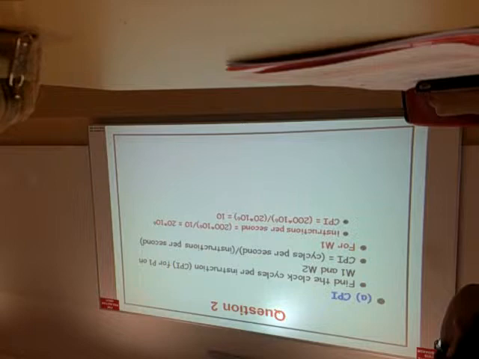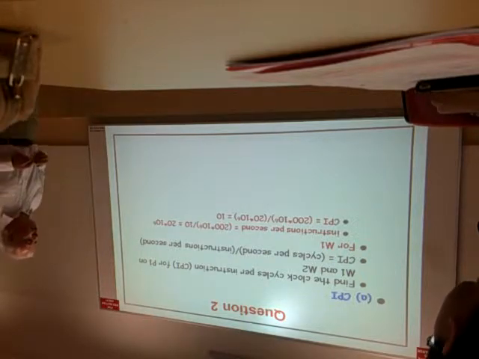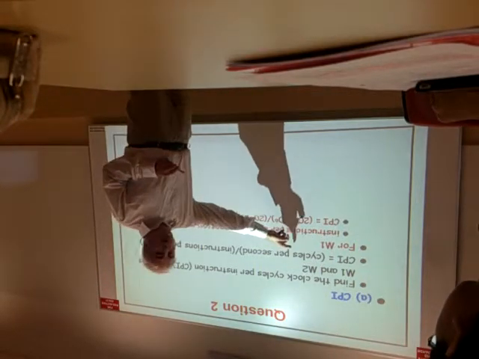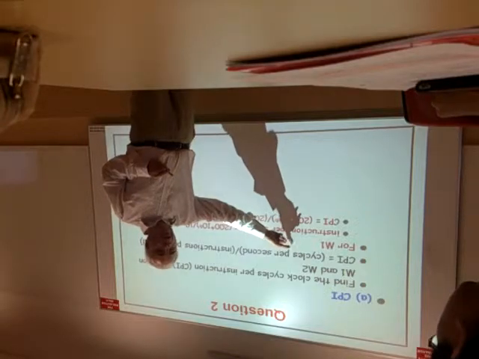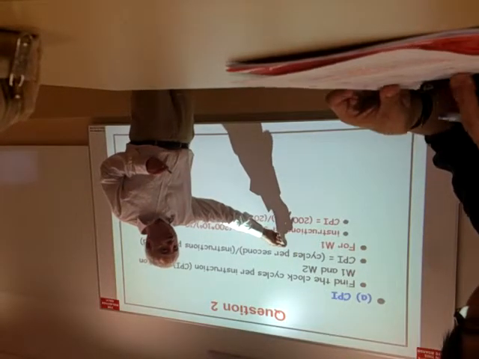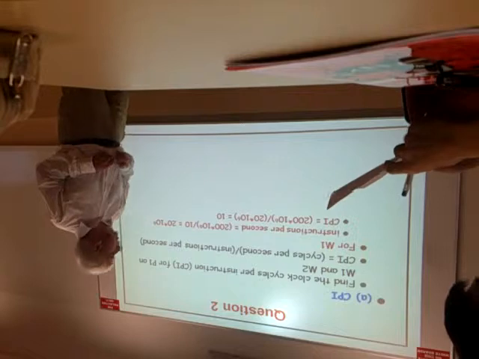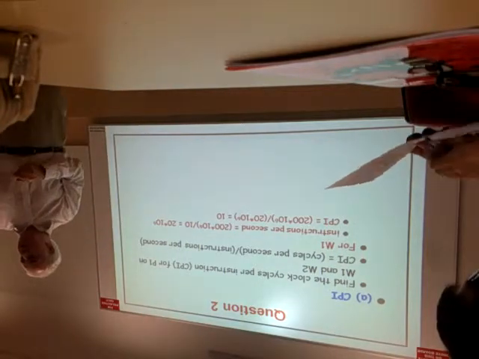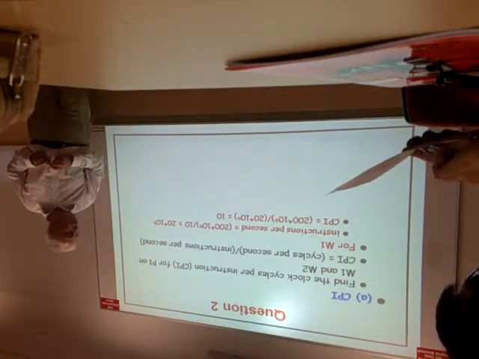So from that we can calculate the CPI because we know the cycles per second. The cycles per second is just the clock rate, and machine M1, we're told, has a clock rate of 200 megahertz.